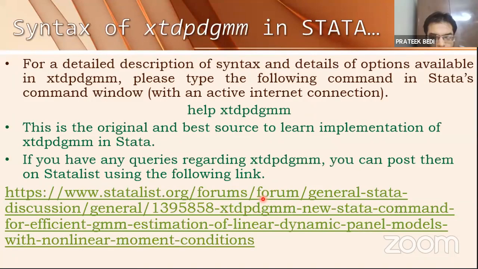Okay. So with regard to any command, whether it is a system command or a user-written command, it is always the first step to understand the syntax of the command so that we can apply it, and we can analyze various options which are available in that command.